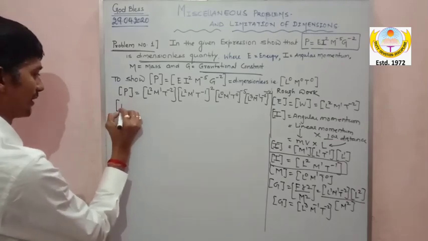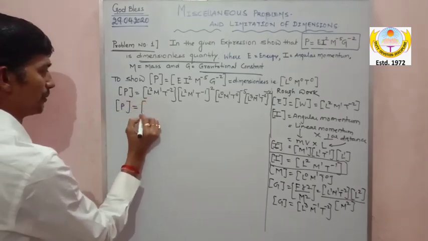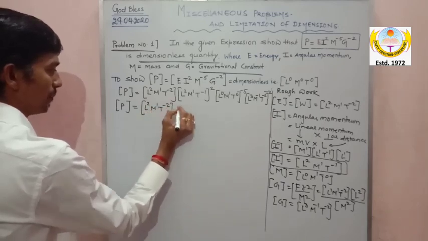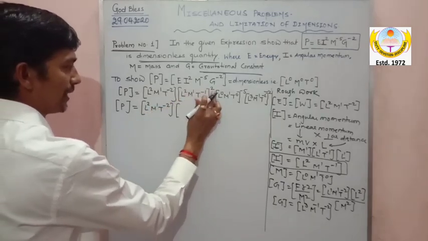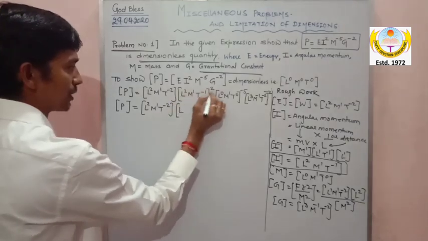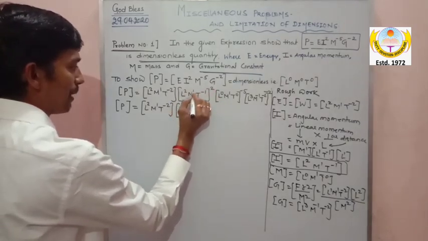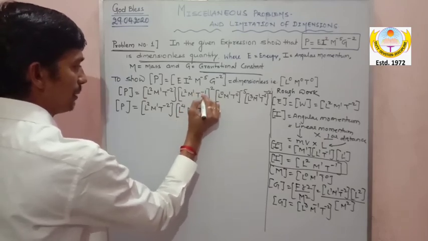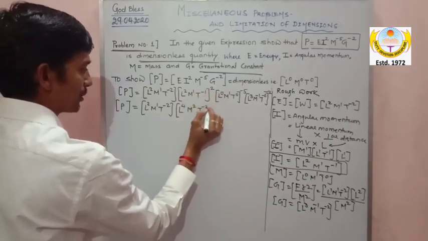This is the dimension of P is equal to, I will write this as L² m¹ t⁻², but here, my dear, this is L² and here it is power 2. So this 2 and this 2 become L power 4. This is m power 1 and this is 2, 1 into 2 will be 2. And this is t power minus 1 into 2 will be minus 2.